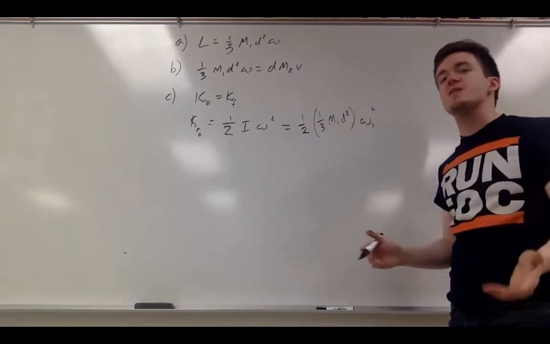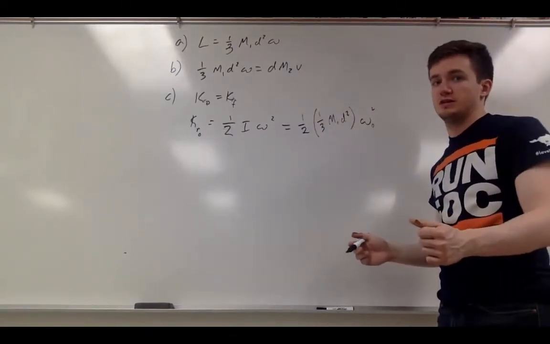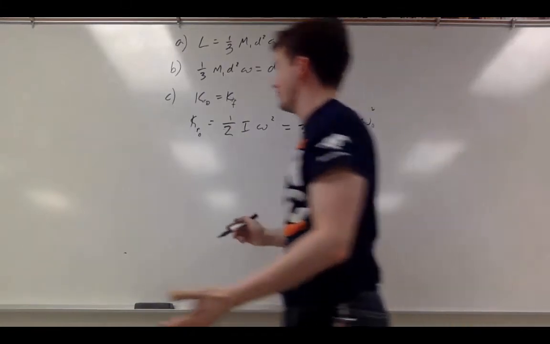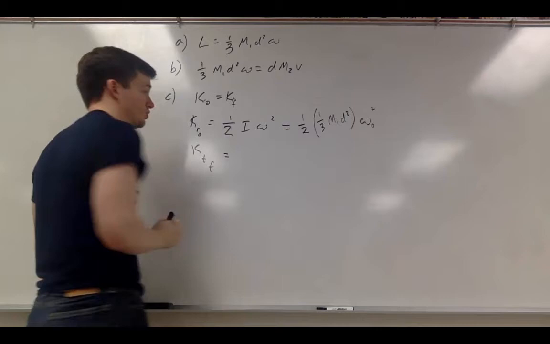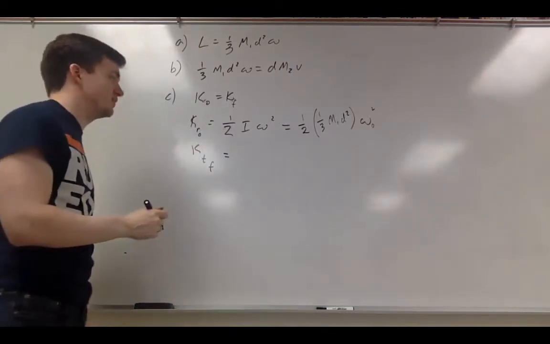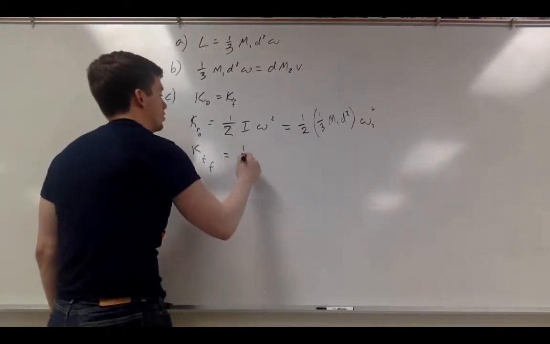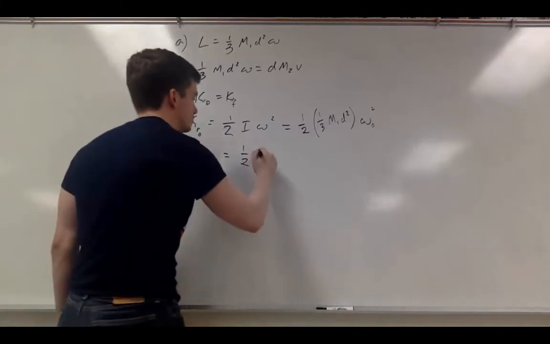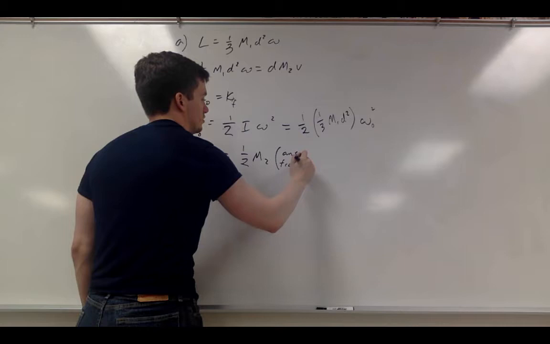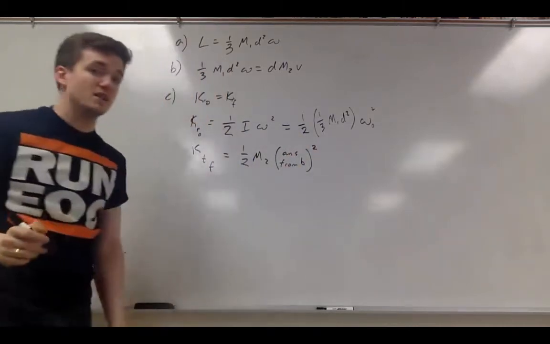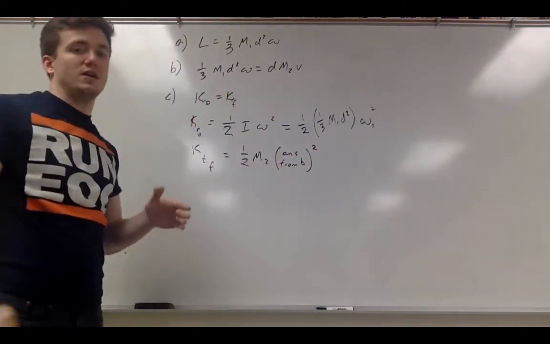Correctly getting the initial kinetic energy was 1 point. The final point, the fourth point, was for saying that the translational final kinetic energy was, and you're going to hate this, 1/2 mv squared, so the mass is m2. And then the velocity is the answer from B. Whatever you got for the velocity in part B, that goes right there. That was the fourth point.